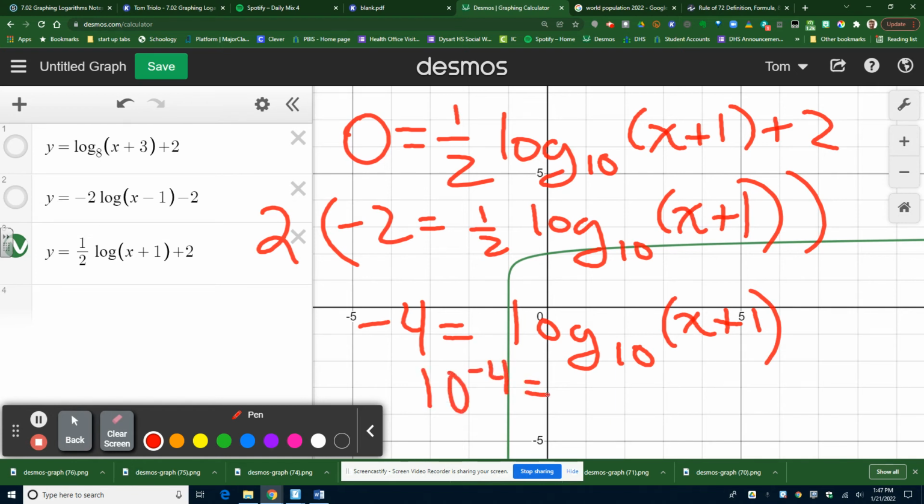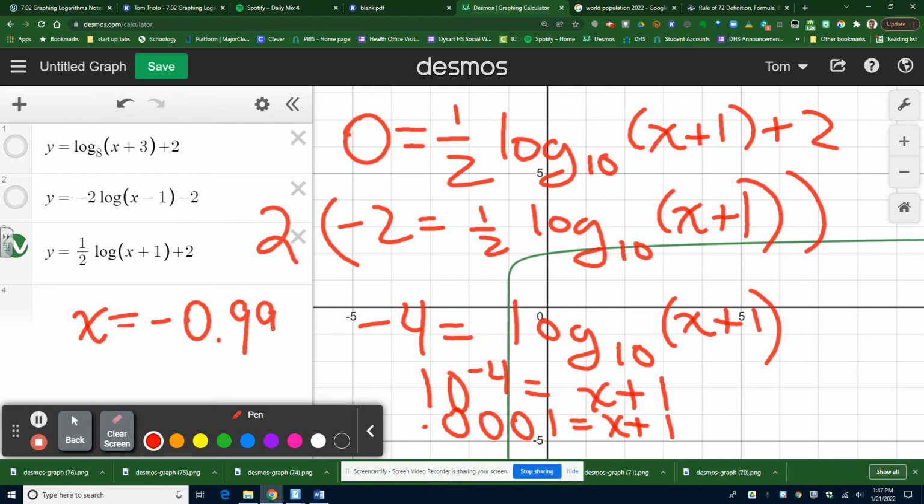10 to the negative 4 power is a really, really small number. How small? 1 10,000th. So it's 0.0001. And when I subtract 1 from it, I get negative 0.9999, this is my true x-intercept.